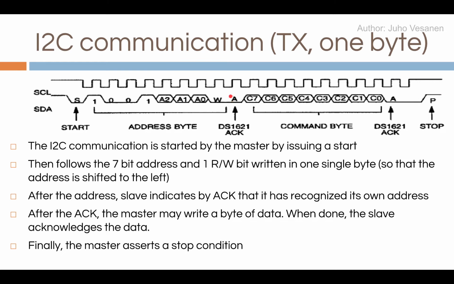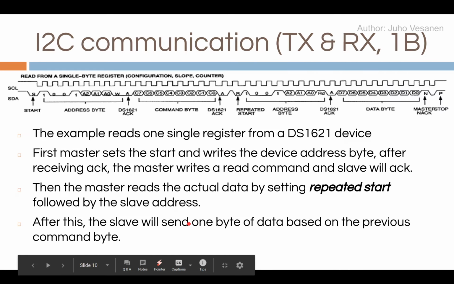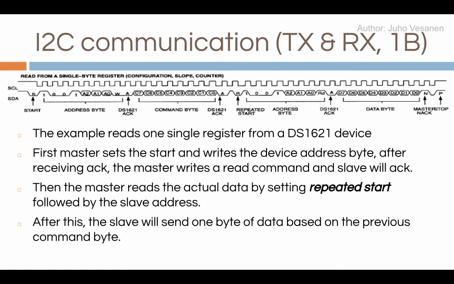So basically, if you don't have a device with that particular address, you don't get acknowledgement here, and you can stop the transmission. Same thing here. Okay, very simple. Read and write. This is something you will be using in the exercise. Observe how to transmit and receive 1 byte.